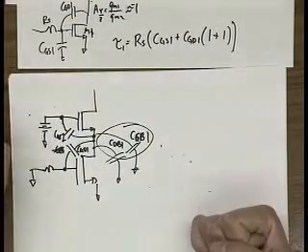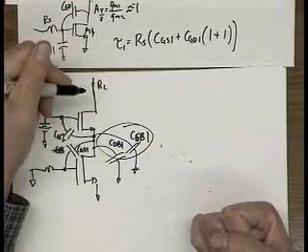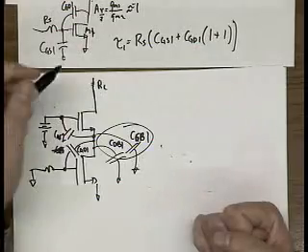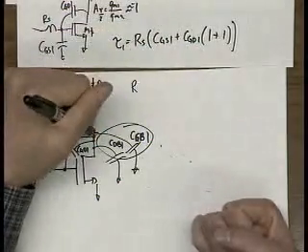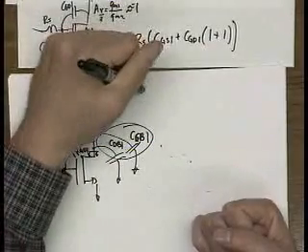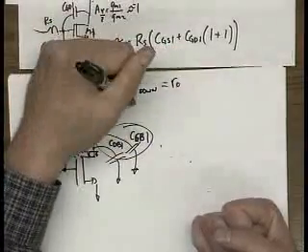So, what's the impedance seen at this node? The impedance seen at this node, assuming that RL is relatively small, is R in, R up parallel R down. R down is equal to R out, RO of that device, which is big.